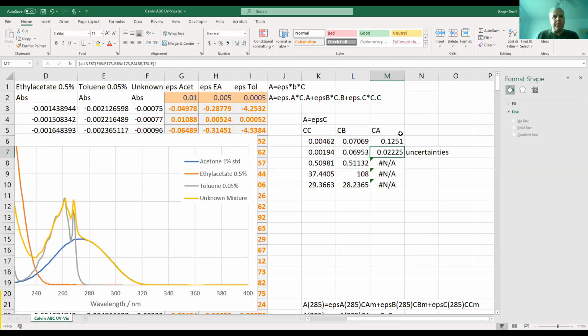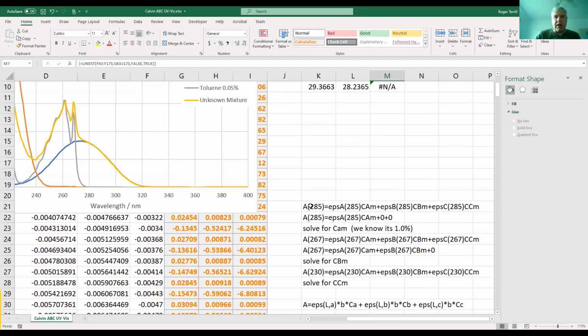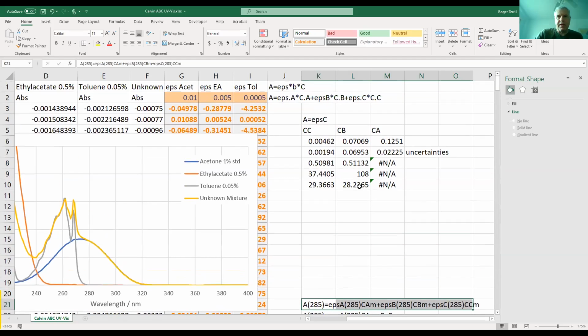That's pretty weird. Wait, how's it all three if you only compared two things? Right. Because what it is, is a whole bunch of iterations of this formula. Every wavelength is a repeat of that same formula. You got 285, 286, 287, right?